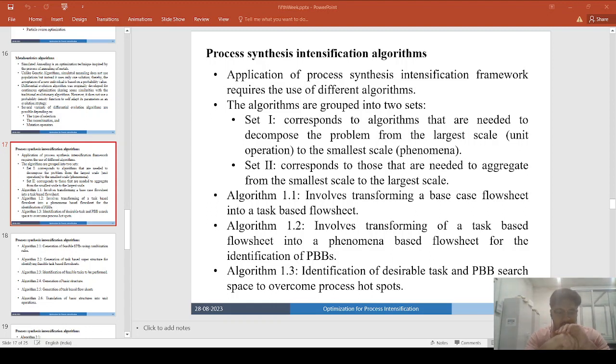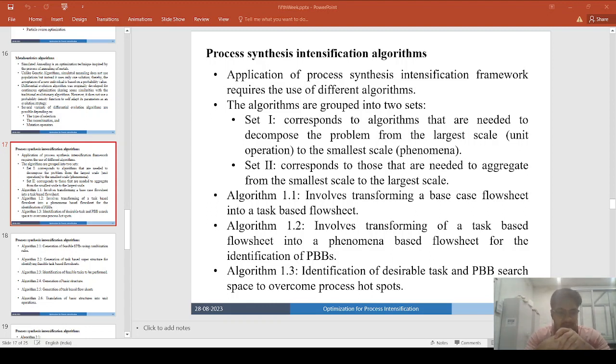So the set 1 algorithms can be further divided into 3 sub-algorithms. The sub-algorithm 1.1 involves transforming a base case flowsheet into a task-based flowsheet. So you will have a reference case or a base case flowsheet, and the first algorithm of the set 1 algorithms will convert that base reference case flowsheet into a task-based flowsheet.